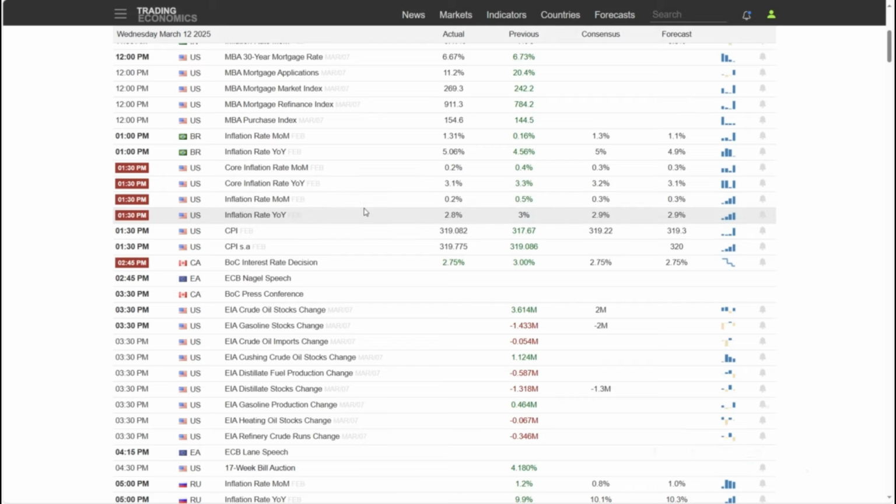It will be interesting, of course, to see what the March data will be, and we know that from April a wider array of tariffs will be put in place across Canada, Mexico, Europe, and also the United Kingdom.